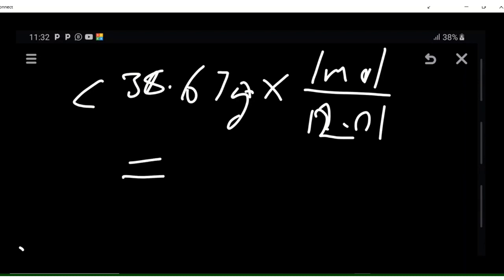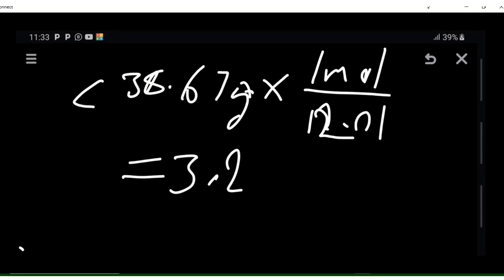So just divide 38.67 by 12.01, you get 3.2198. Try by all means to write at least 4 decimal places without rounding off.